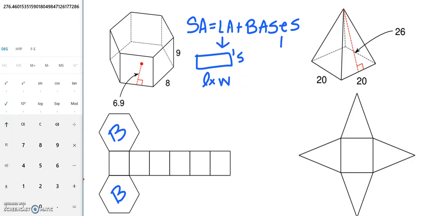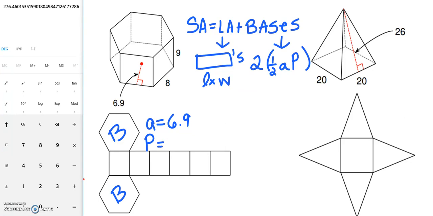And then for my bases, well, those are in the shape of regular hexagons, so I'm going to have to do 2 times the area formula for one of my hexagons, which is 1/2 apothem perimeter. Okay, so my apothem here, if we take a look, that's your 6.9. It shows you that perpendicular height from the center.